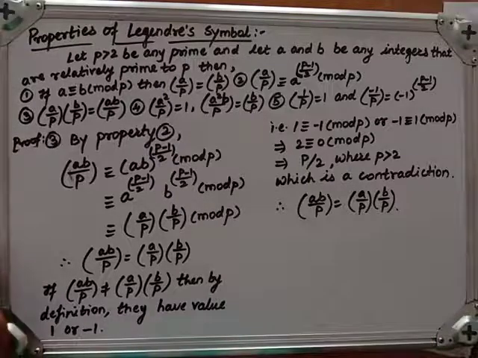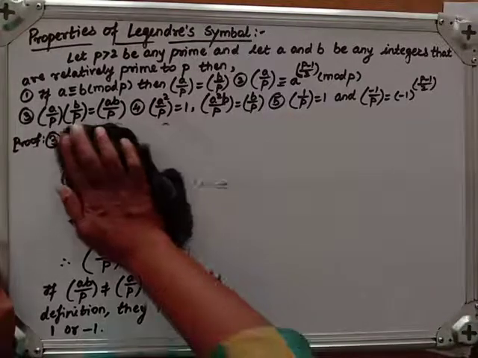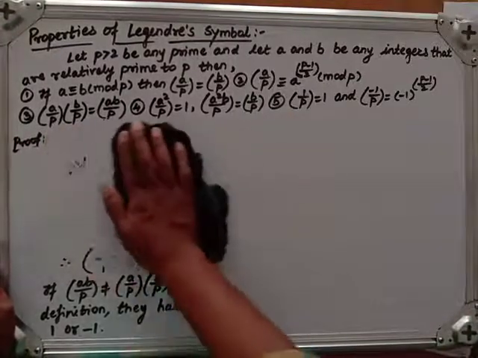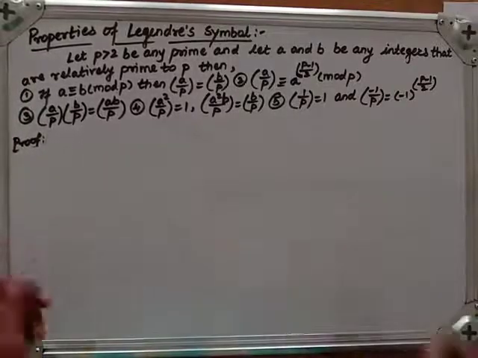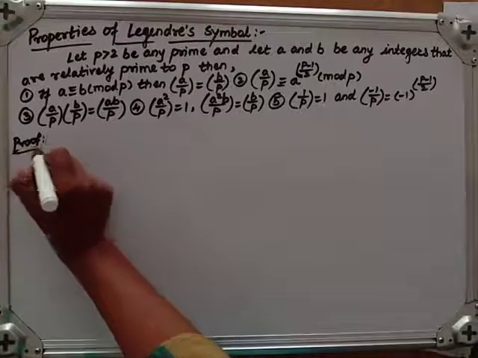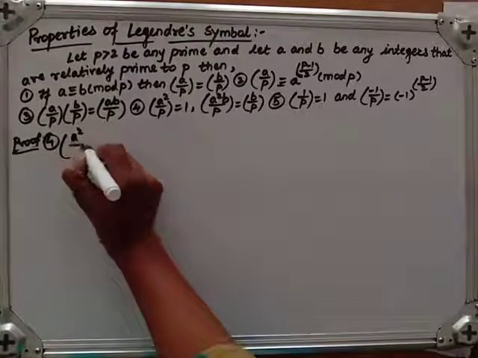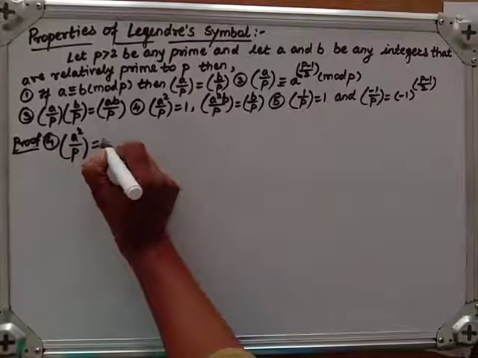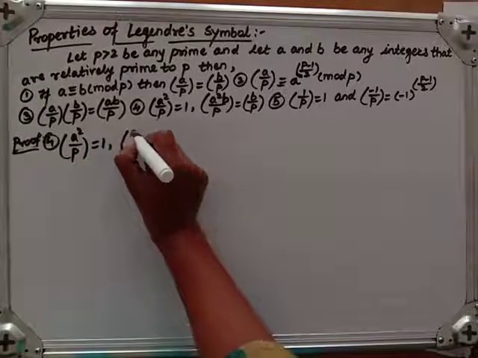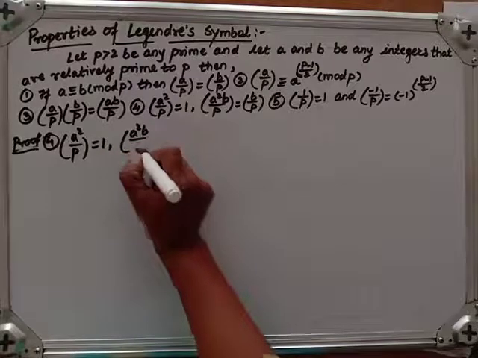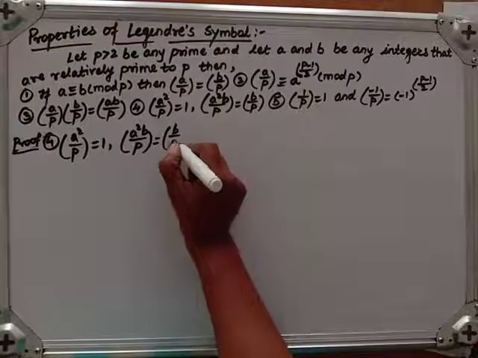Now let's go for the fourth one. Legendre symbol of a square by p is what? 1. Then Legendre symbol of a square b by p is what? Legendre symbol of b by p.